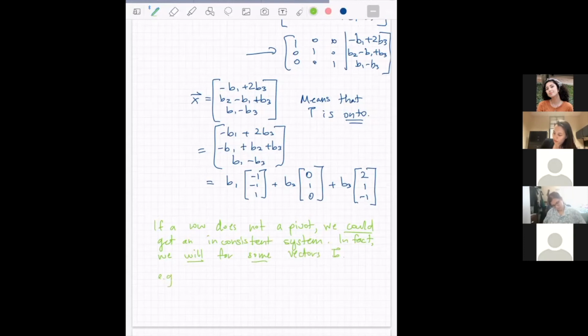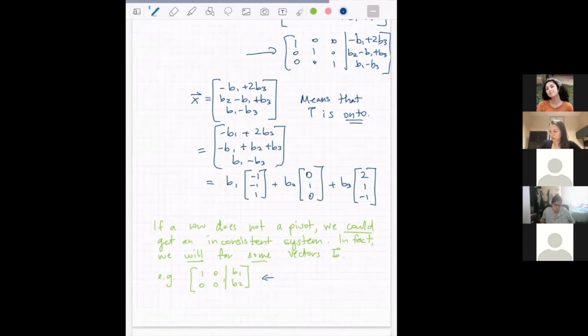So if you want to think about an example, say our matrix was given by 1, 0, 0, 0. And if we look at the augmented matrix that we would be trying to solve, if B2 was non-zero, we would get an inconsistent system, right? So that would be the issue. That would mean that not every vector B gets hit by this transformation.